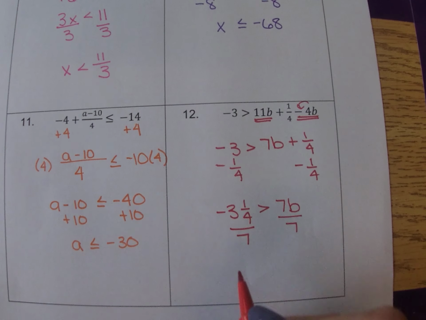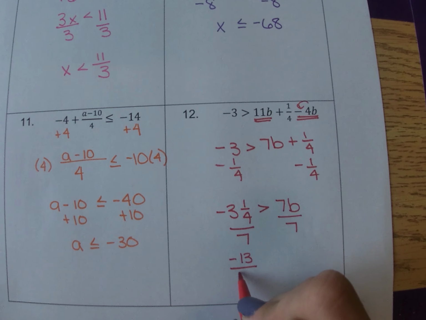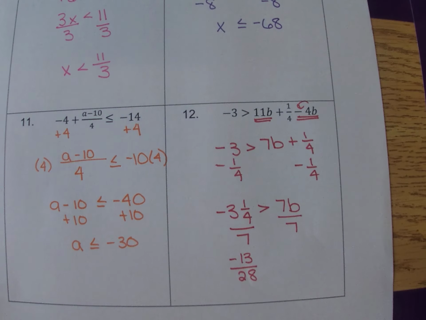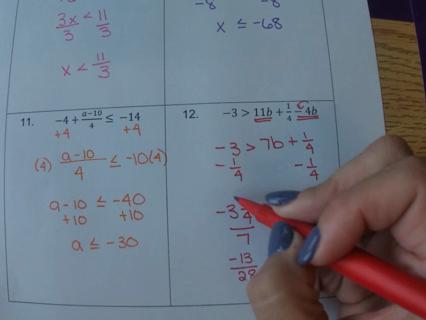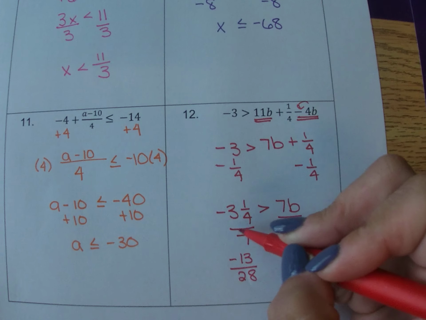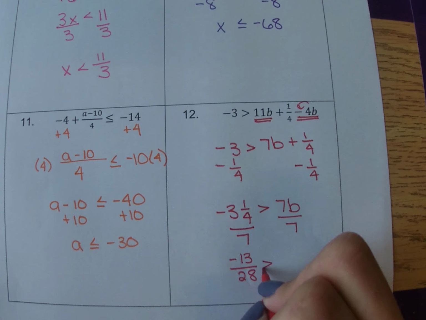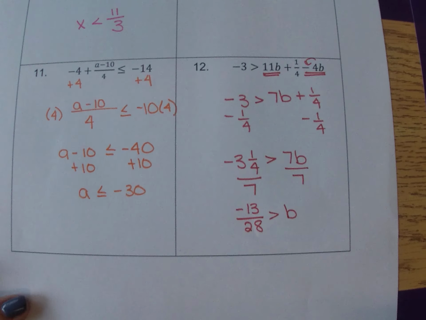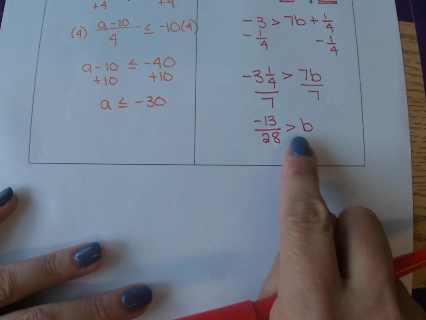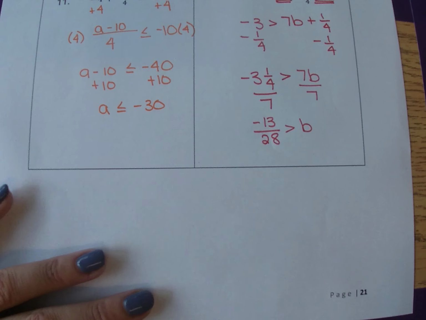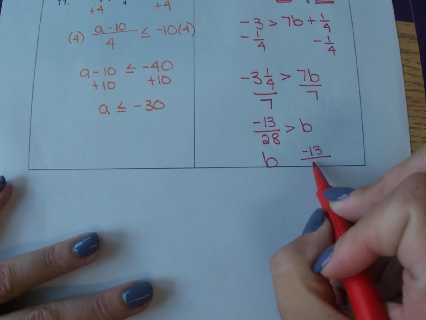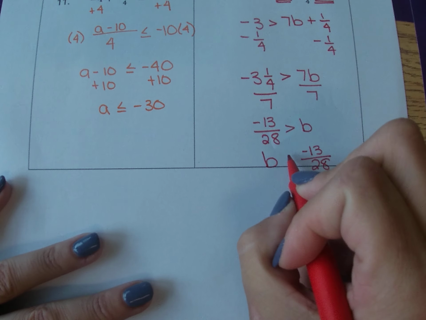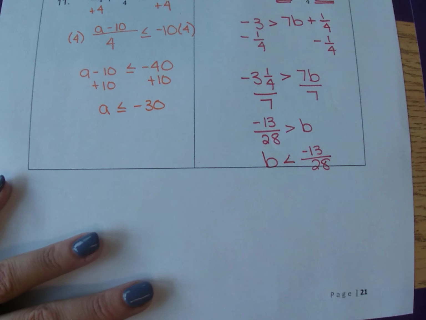And that's going to give me a -13/28. Okay, I divided by a +7. So even though this -3 1/4 is negative, the number that I'm dividing by is positive. So that is not a reason to flip the sign. However, I do want my final answer with that variable first. So I'm going to rewrite this by switching those sides and flipping that inequality sign when I rewrite it.